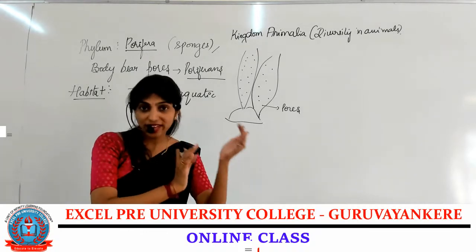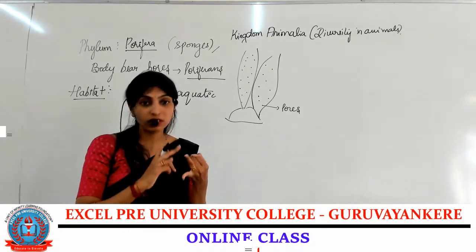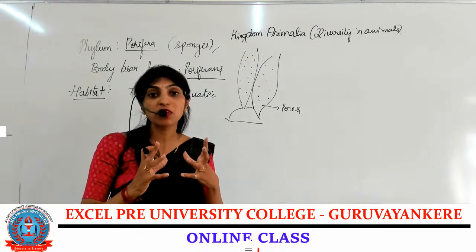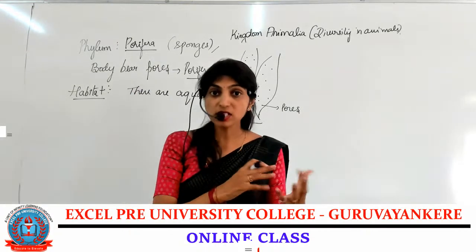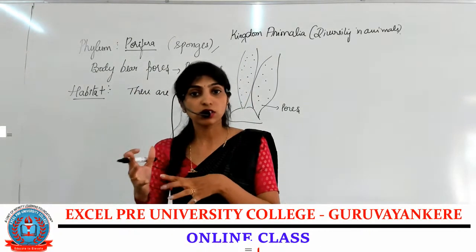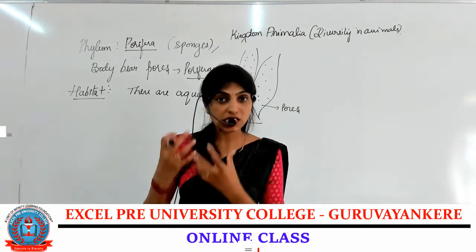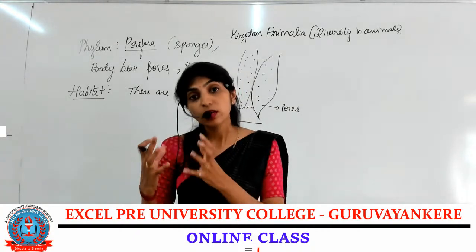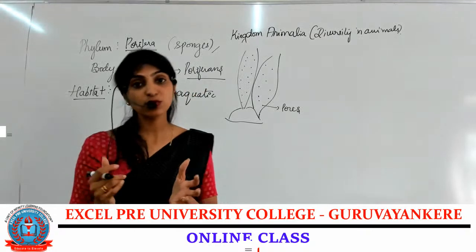When I say aquatic, there are two types here. Some live in fresh water, that is in ponds or rivers; we call those water bodies fresh water bodies. If they live in sea water, that is in the ocean or the sea, that type of water body is called a marine water body.